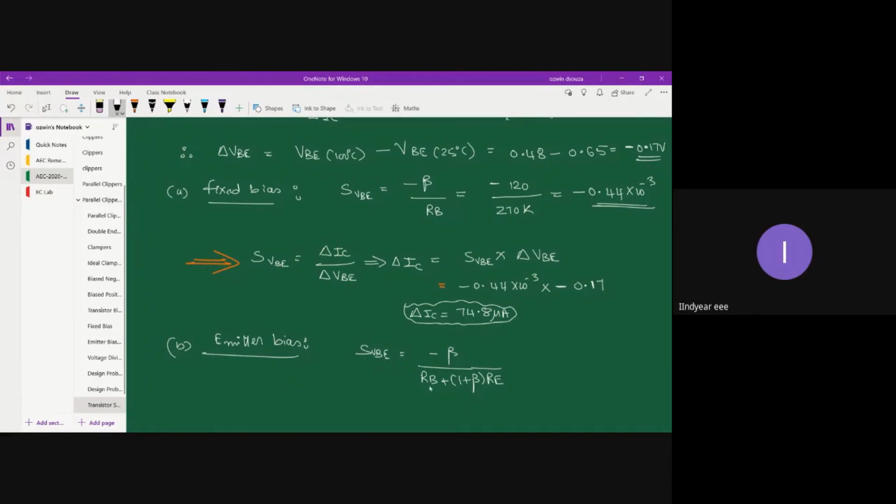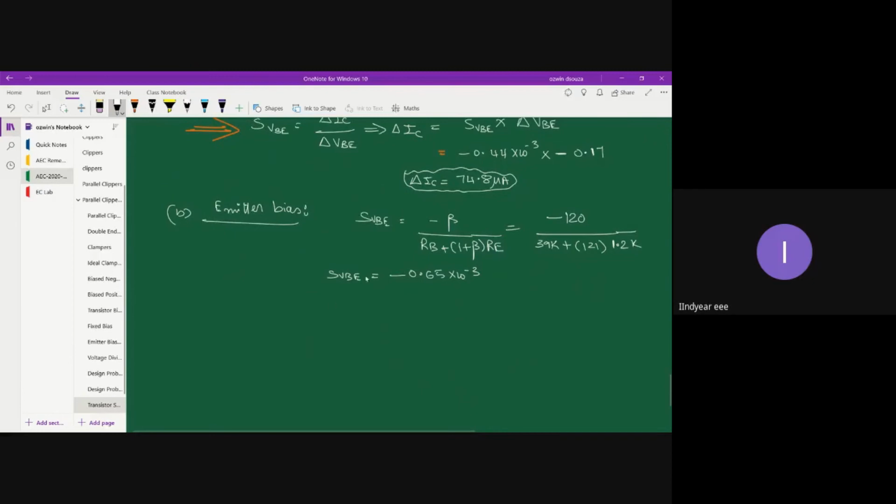In emitter bias, there is emitter resistor, hence you will have the reflection of emitter resistor in the input side. So that's the reason 1 plus beta has come into picture. So that is equal to minus 120 divided by RB. So for emitter bias, RB is 39 kilo ohm. So it is 39K plus 121, because 1 plus 120 is 121, into RE. RE is 1.2 kilo ohm. Okay, so I have already calculated the value. So you will get SVBE as minus 0.65 into 10 to the power minus 3.